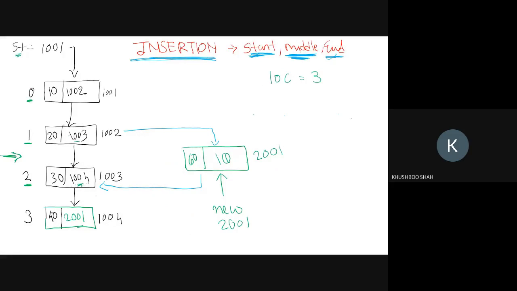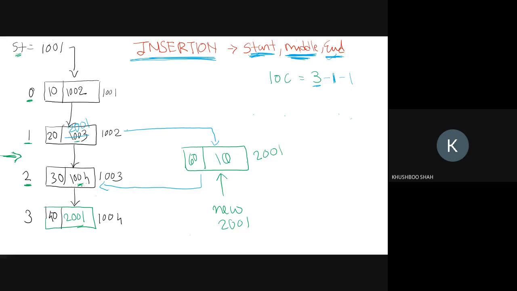So instead of this, I need 2001. I'm pretty sure you know what the instruction would be: the value of new you need to assign at this location. This is my location minus 1, the node at index location minus 1, that you have to decide.